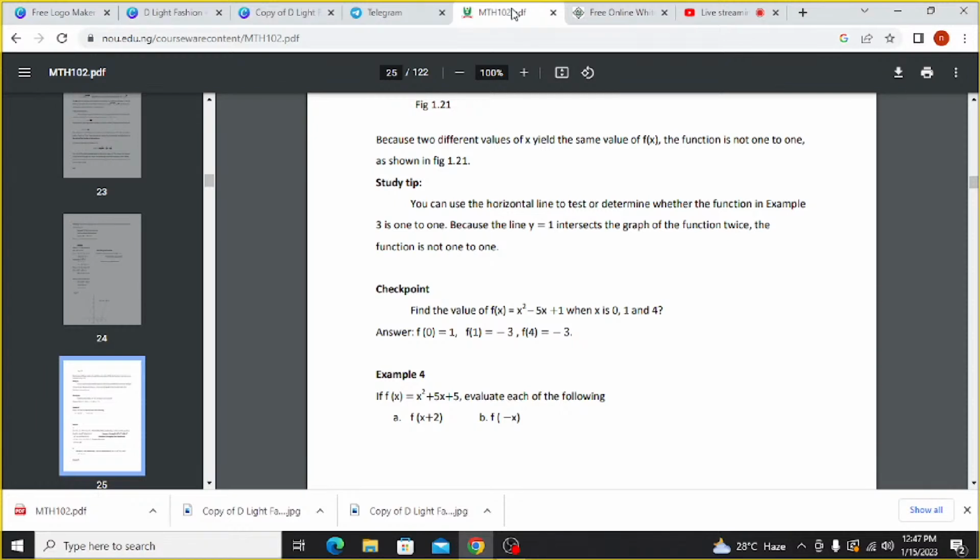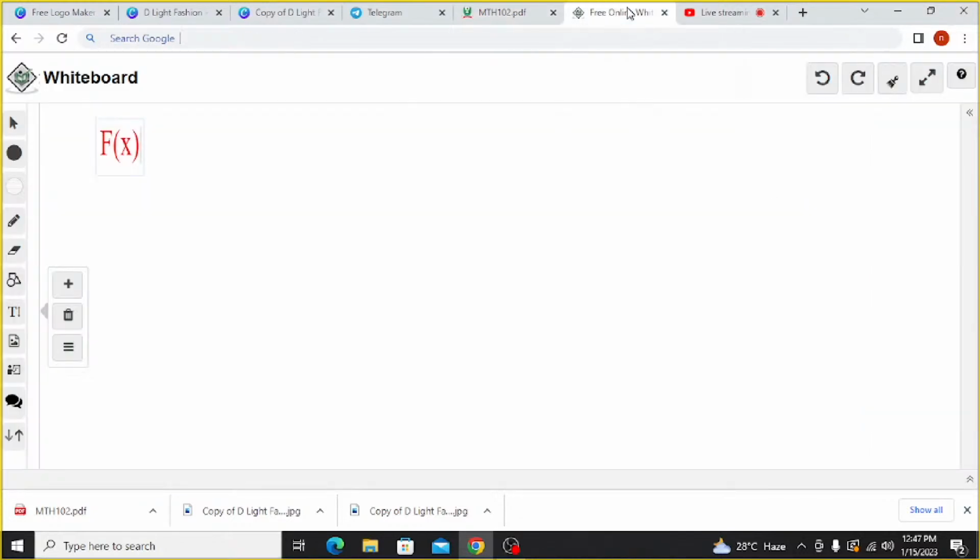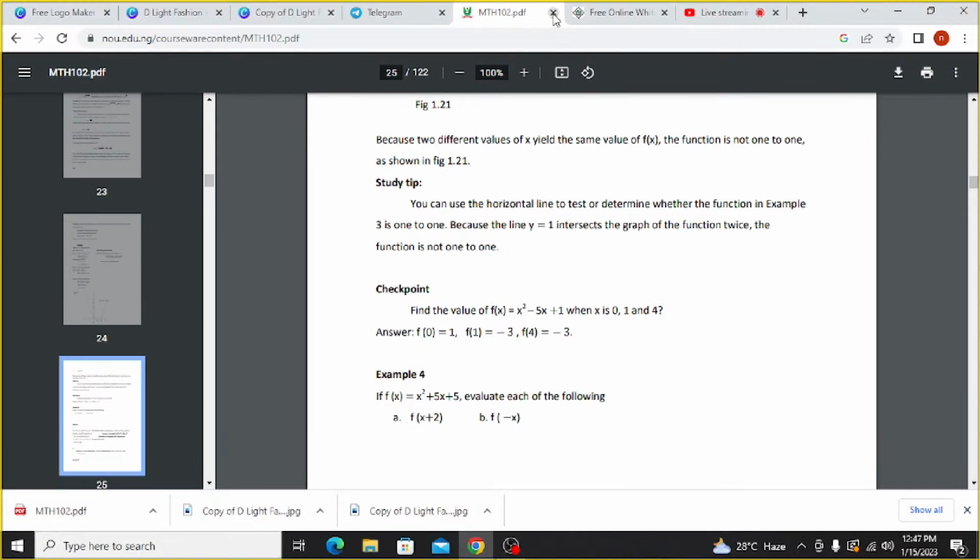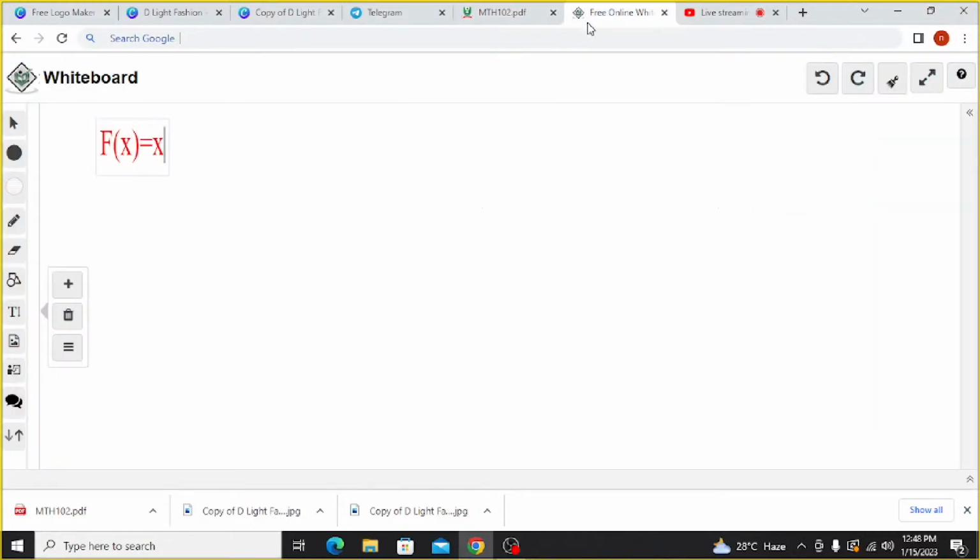The question is: f(x) = x square minus 5x plus 1, when x equals 0, 1, and 4.